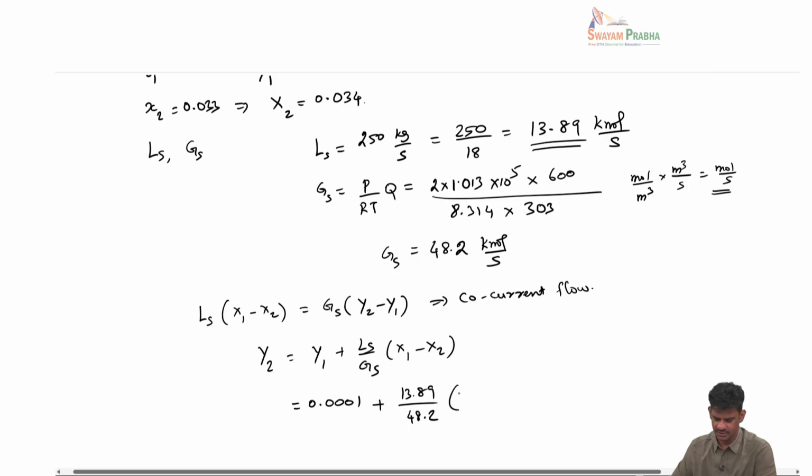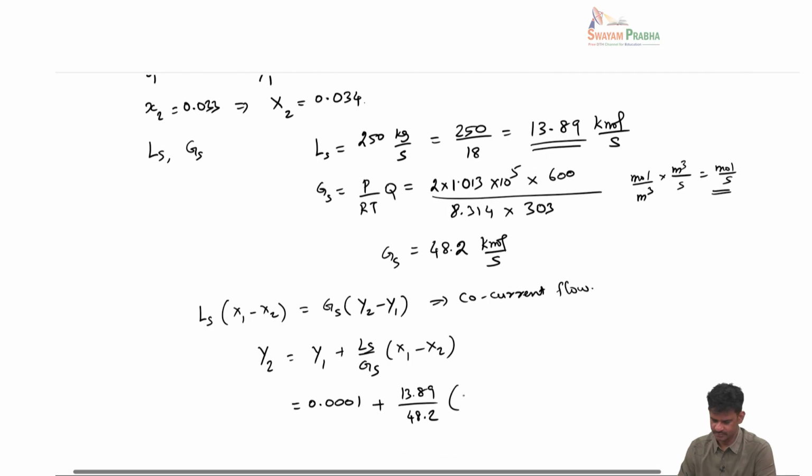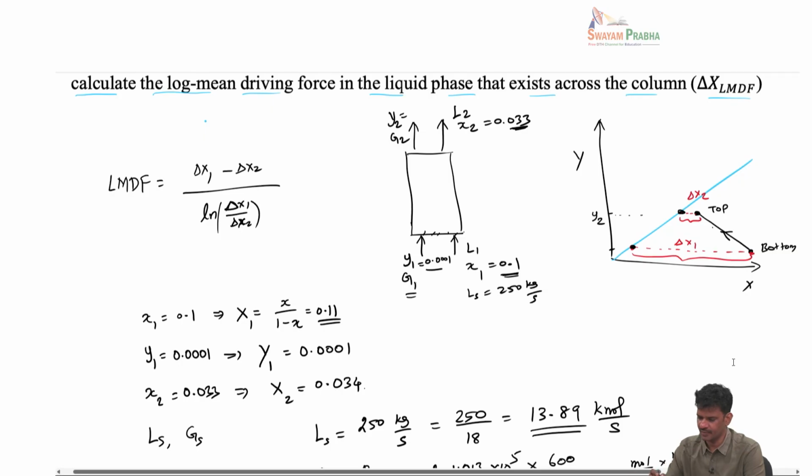And X1 is 0.11, and X2 is 0.034. So from here we can solve for Y2 as 0.022. Okay, so in this particular graph, we have identified what Y2 is.